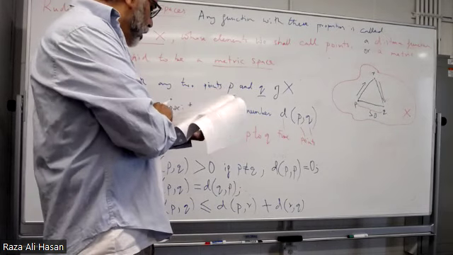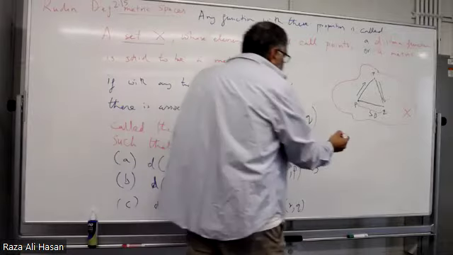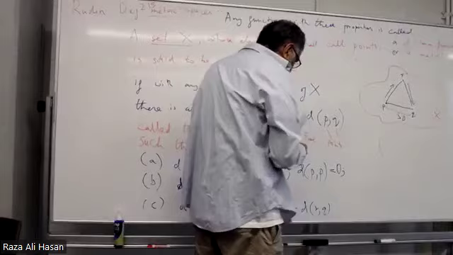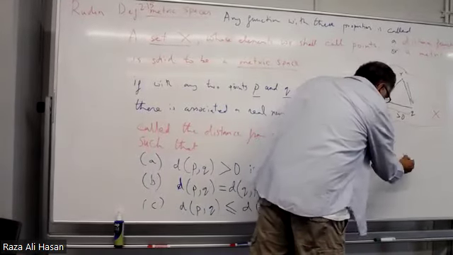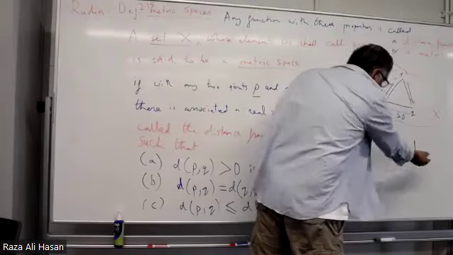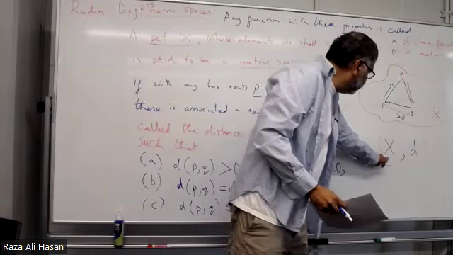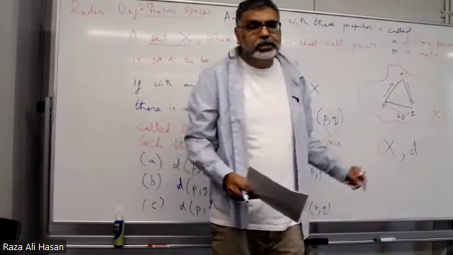I'll just do it right here. This thing is a metric space. You have the set first, and then the metric right there, or the distance function.